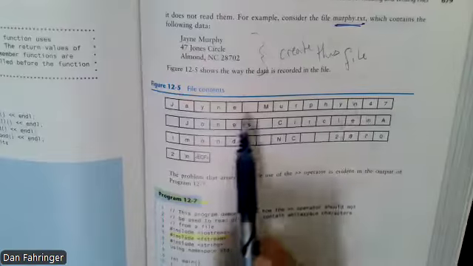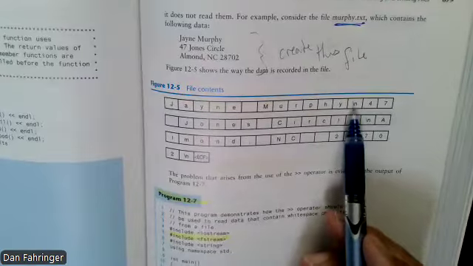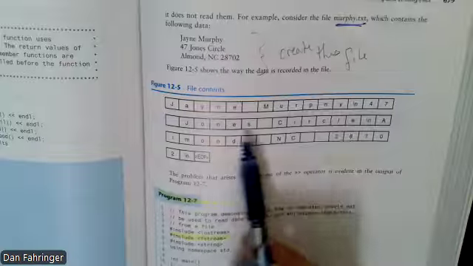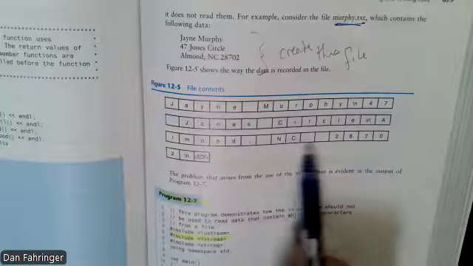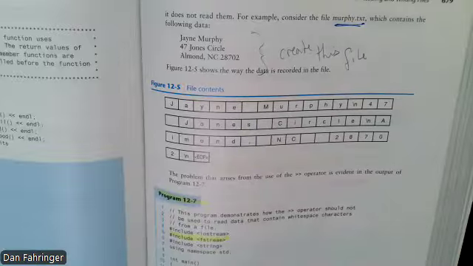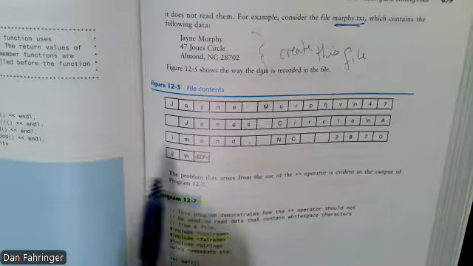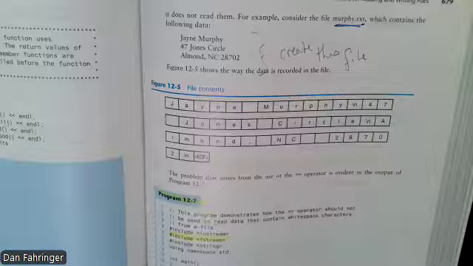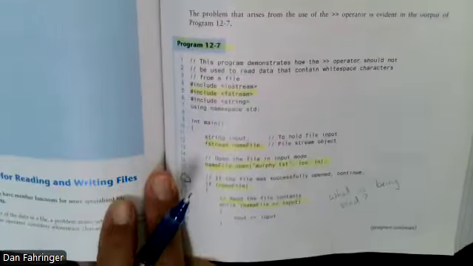Murphy.txt: Jane Murphy, end of line delimiter, 47, end of line delimiter, etc., end of line, end of file. You don't have to type it that way. You can just type it this way. That's what it's going to look like.